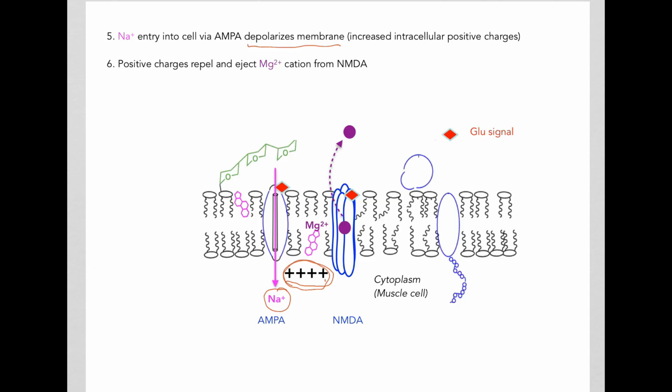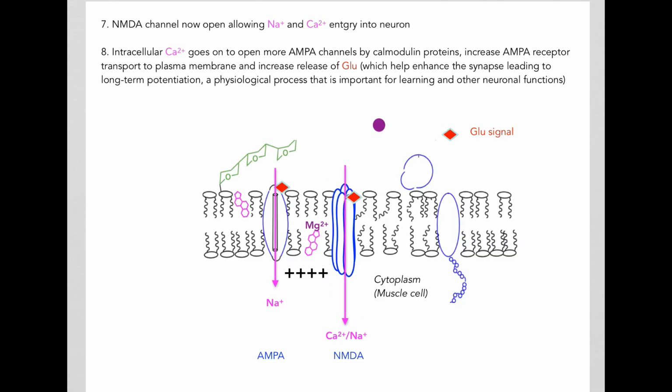And this positive charge is now going to repel the magnesium ion from the NMDA channel. So the magnesium ion present here, which is also positively charged, is going to be repelled, and the magnesium ion comes out of the channel. So with the magnesium blockage removed, now we see sodium, and this channel also allows calcium.